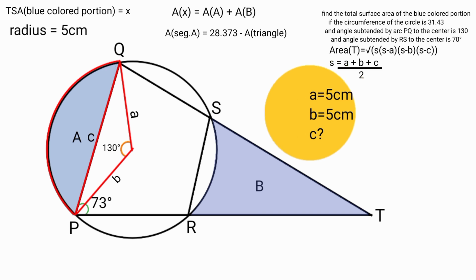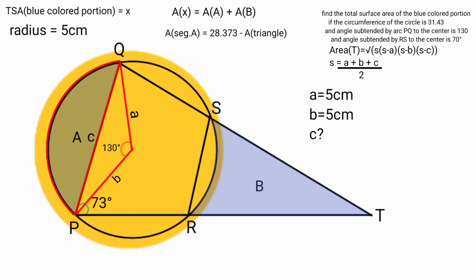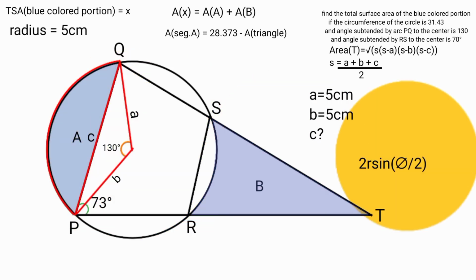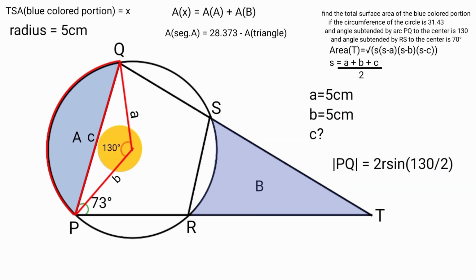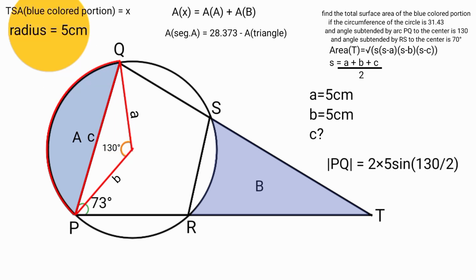C represents the length of this side here, which is a chord of this circle. So how can we find its length? The formula for finding the length of a chord is 2r sine theta over 2. So line PQ equals 2r sine theta over 2, where theta is the angle it subtends to the center, which is this angle here, and r is the radius, which we have as 5 centimeters.